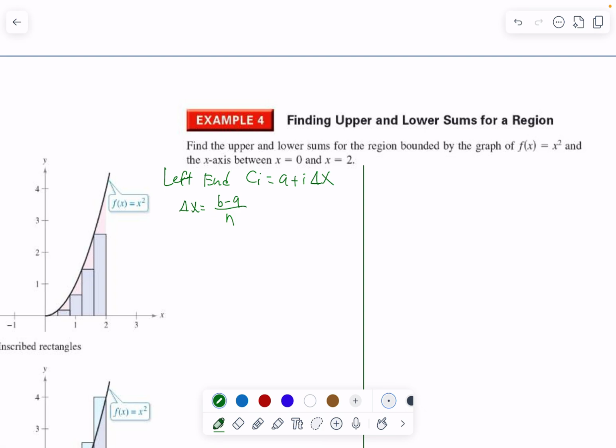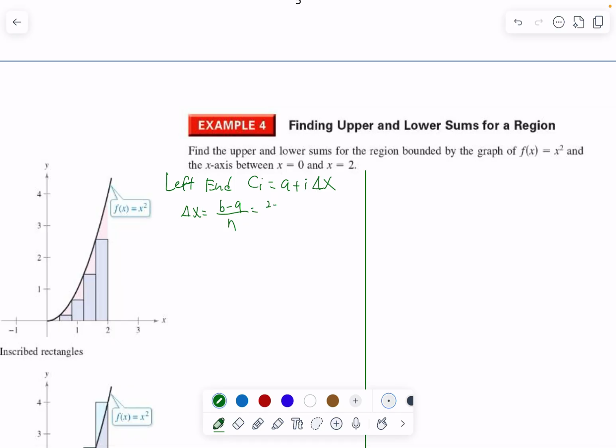Because it doesn't say, I see that there's 4 rectangles there, but we're going to figure out the exact area under the curve. So in this case, the lower bound is 0, the upper bound is 2. So 2 minus 0 divided by n, which means the width is going to be 2 over n.